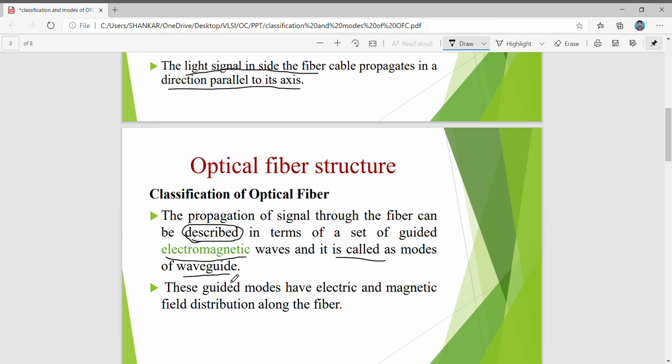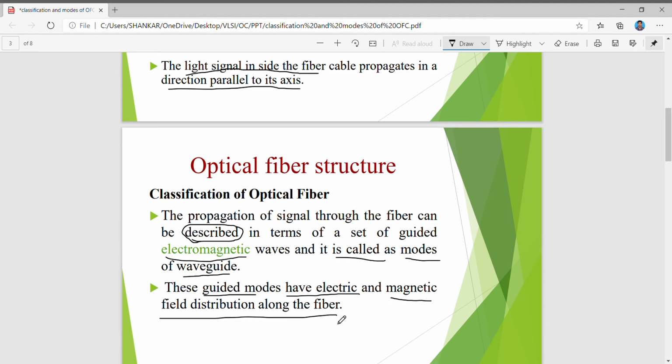The light signal is in the form of electromagnetic waves transmitted inside the fiber. The propagation of these waves determines the modes of the waveguide. These guided modes give the electric or magnetic field distribution along the fiber.